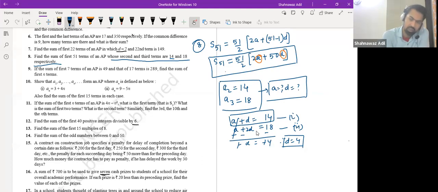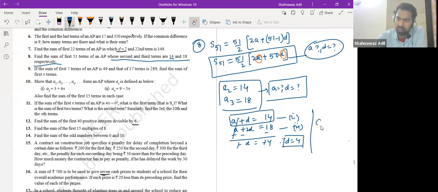Yes, right. So now, what was the goal in here? We had to find A and we had to find D. So now we have found those two, right? A is 10. So we can plug the values of D and A in this one, and we will get S51.